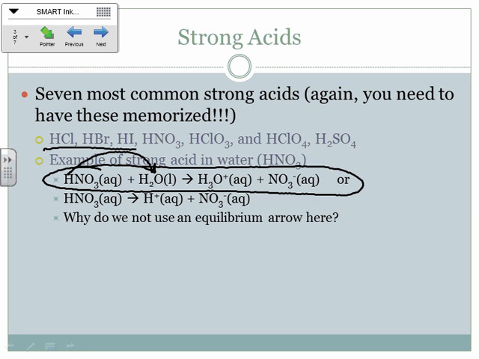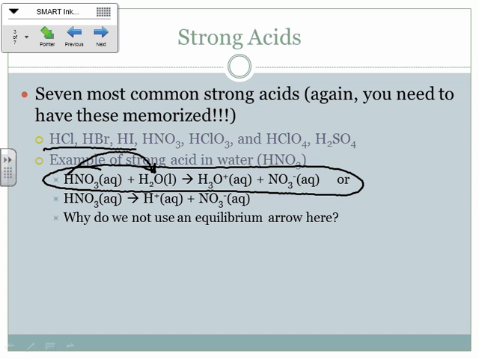That's really what's running around in that solution, not H plus by itself. It's the hydronium ion, H3O plus, water with 1 extra hydrogen. And then you've got your NO3 minus, which we don't really care about that much in that solution. It doesn't do a whole lot.